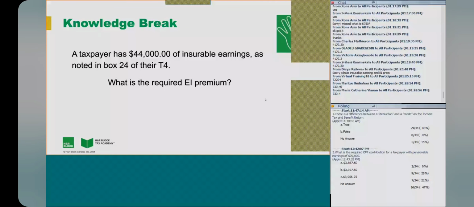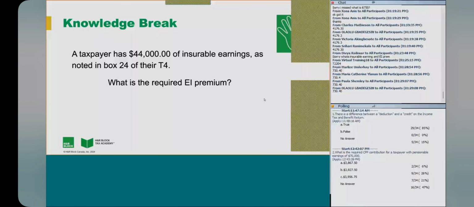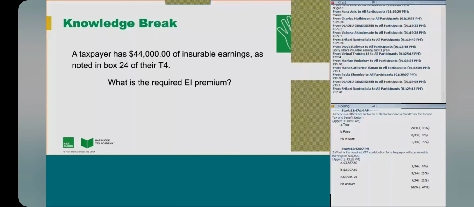Okay, good. Excellent. So remember, there's no exemption here. So you are simply calculating a simple percentage of the 44,000. And for 2024, that is $730.40. That is $44,000 times 1.66%.